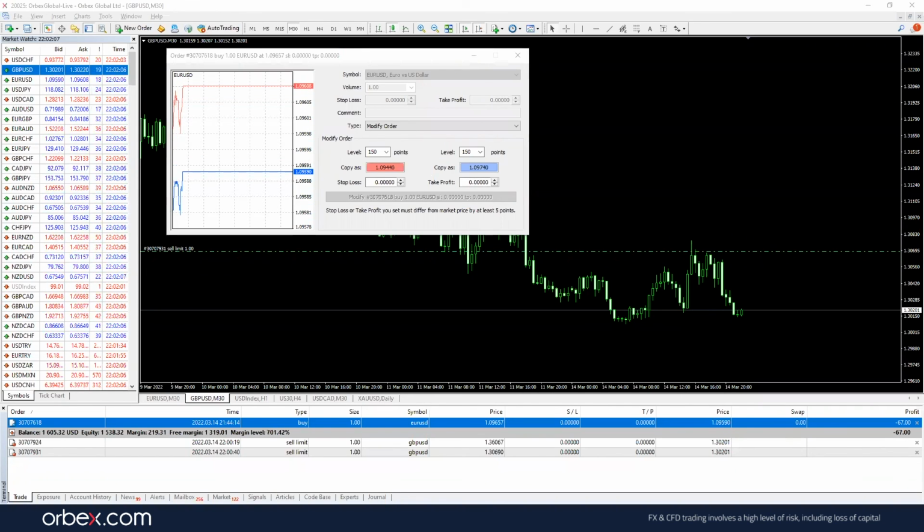So I hope that helps. So yeah, if you have a live trade open, you can just put a stop loss or take profit on, but just keep in mind that the stop loss or take profit you must set is at least 5 points away. So this is just something else to keep in mind as you go on with your trades as well.